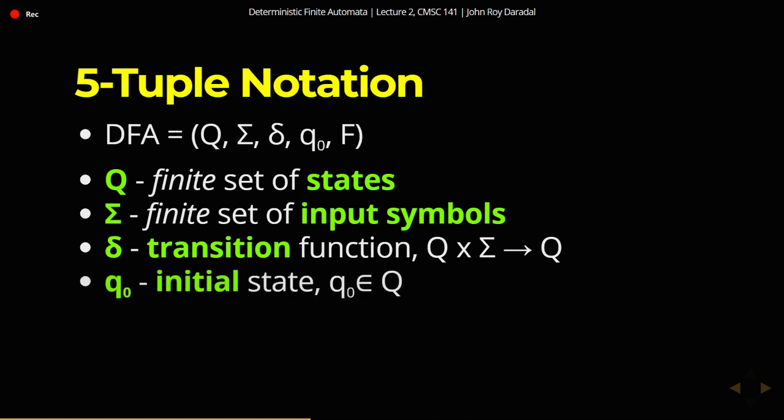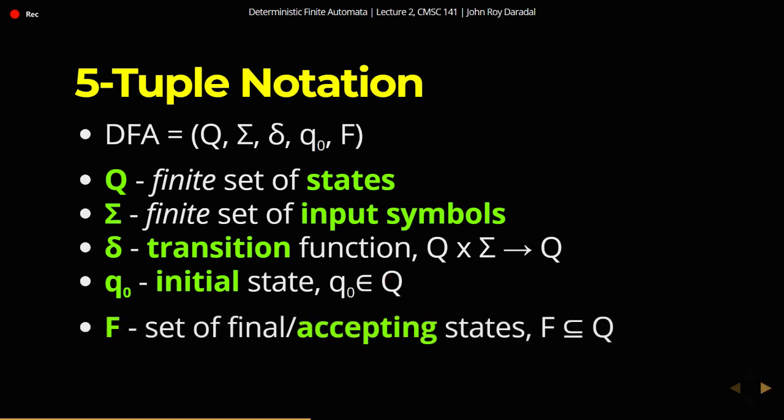And then Q sub 0 is the initial state or the start state, and Q sub 0 must be part of the set of states, Q. And then finally, we have F, which is the set of final or accepting states, and F must be a subset of Q as well. Okay, so your accepting states could be 1 or more, or even 0, if you don't have any accepting states.